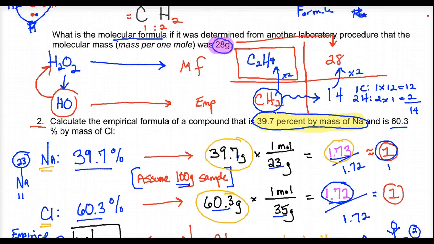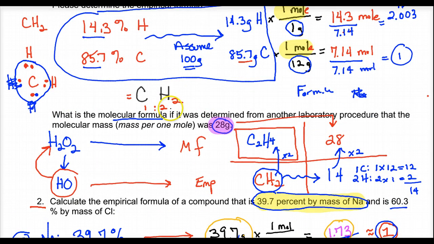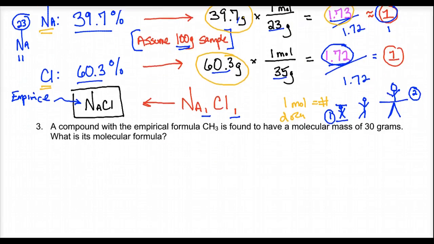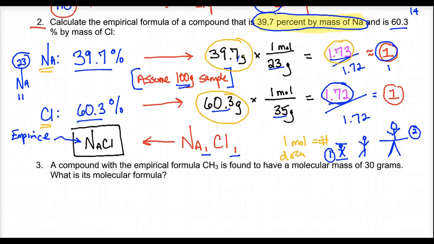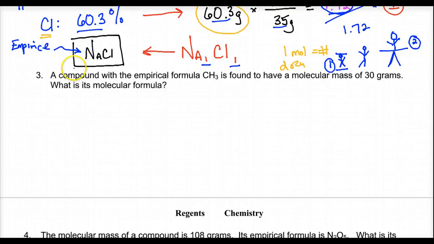Unlike CH2, this is not a molecular compound. Something that's ionic, like NaCl, you will come up with exactly its chemical formula, because you guys know when you have ionic compounds, you have to reduce to the lowest number of ions. These do not make crystals. These make what?